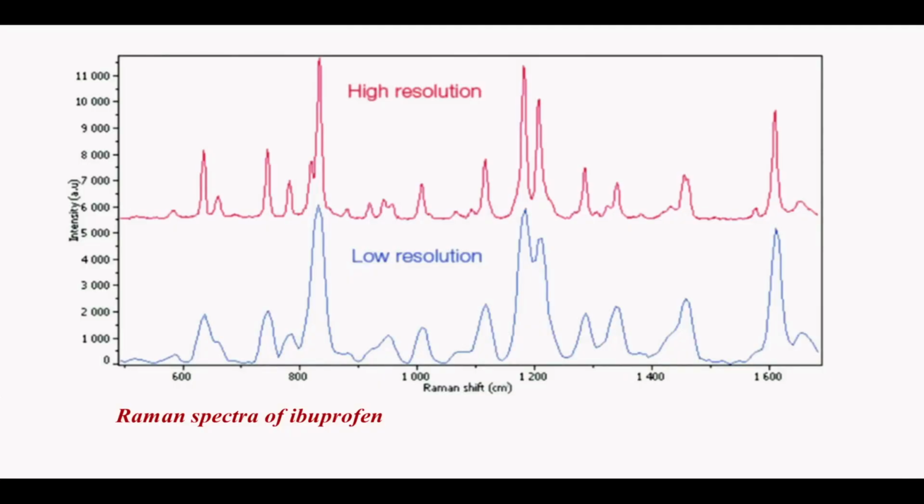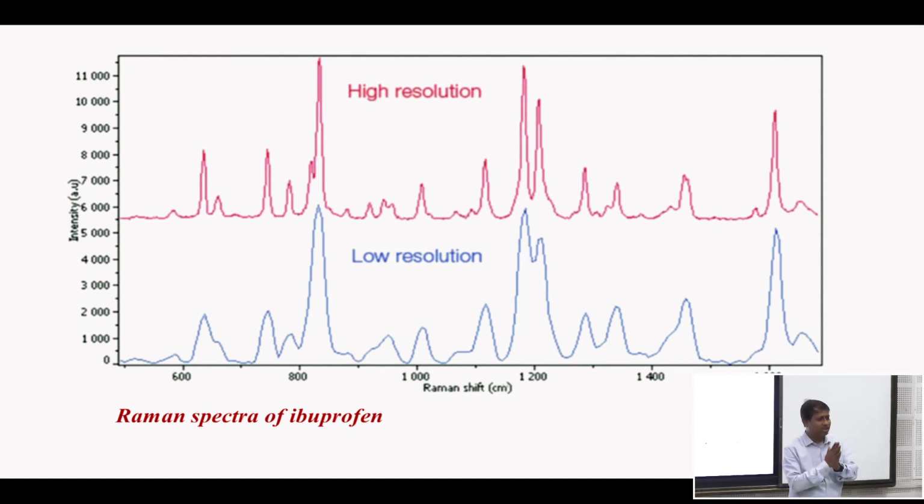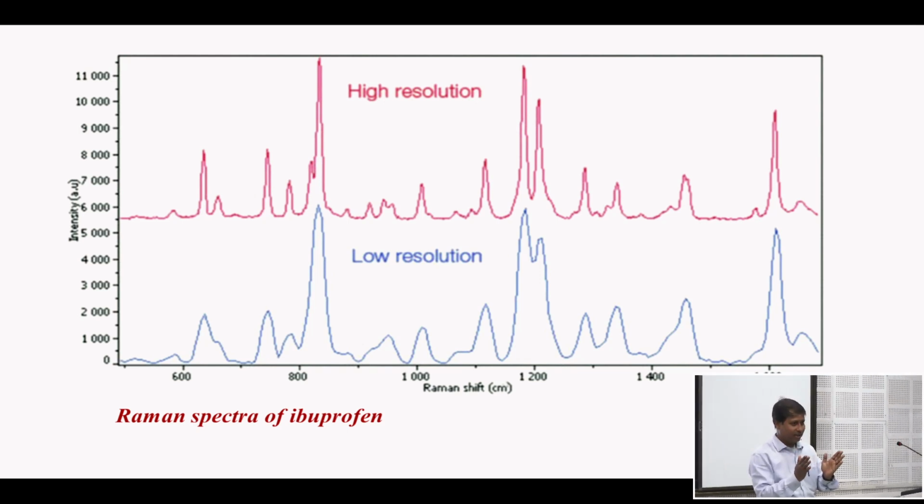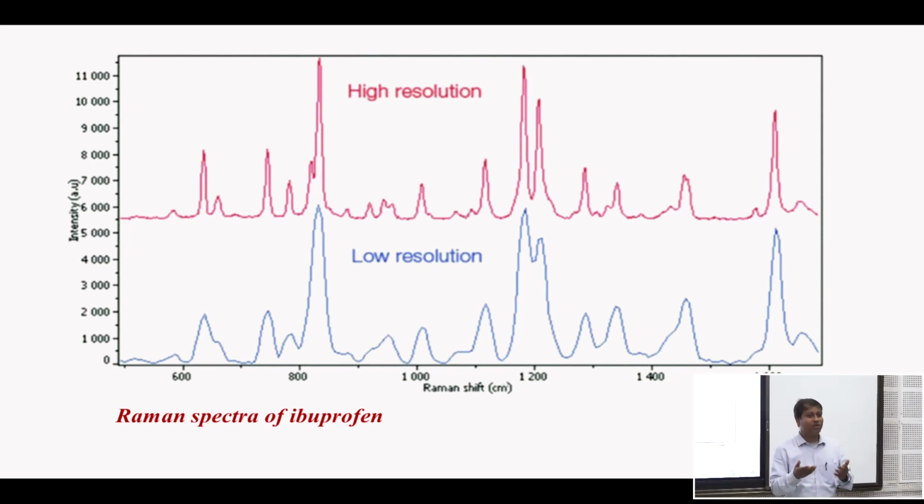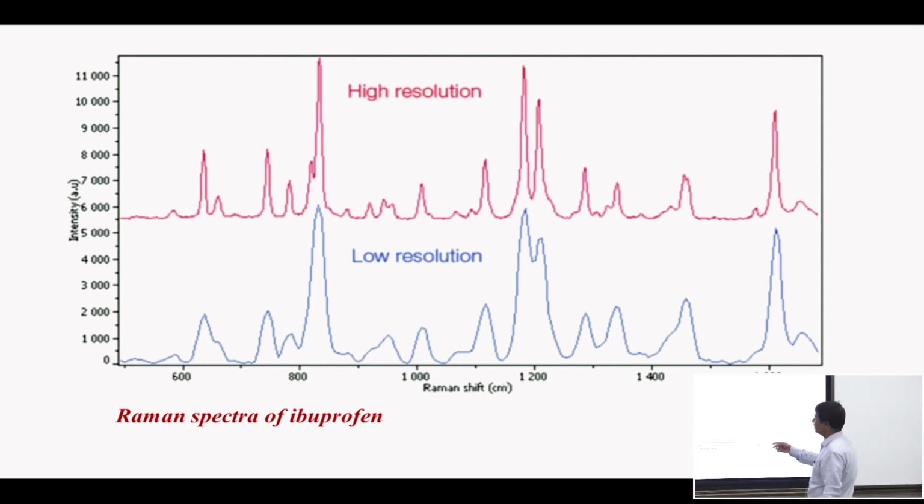So in spectroscopy, it is the resolution. Resolution means whether you are able to see the bands separately. The more bands you see, the more information you can analyze, the more you know about the molecule or the system. So here is the high resolution, here is a low resolution, not that much difference here. Say this band is just split here, but here it appears very nicely and cleanly.